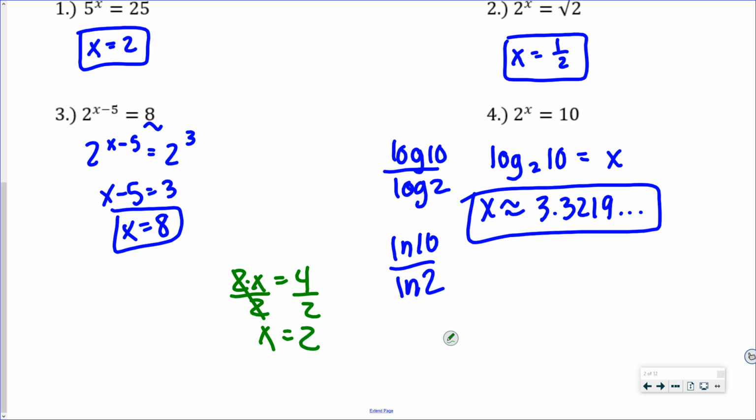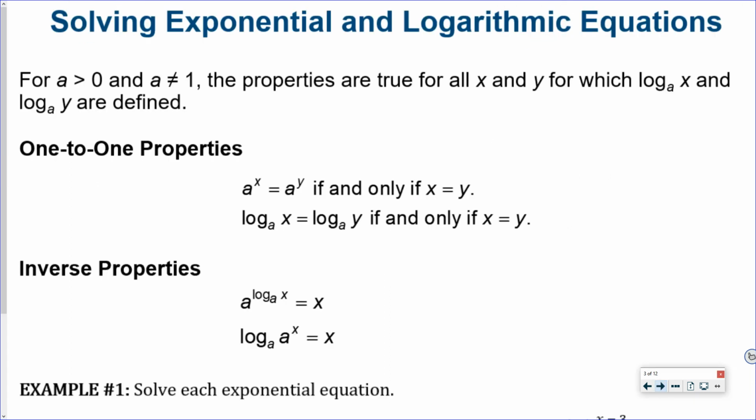What's the inverse of exponential functions? Logs, right? When we graphed them, the inverse of exponential functions was log functions. Logs undo exponents. So similar idea when we're solving equations. Logs will allow us to take off layers around our variable when we have the variable up in the exponent.